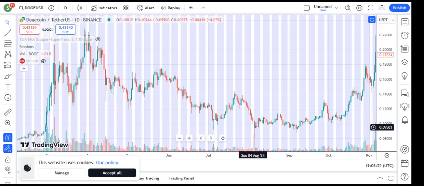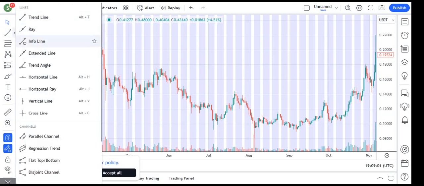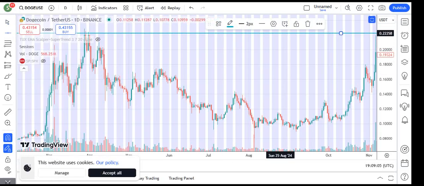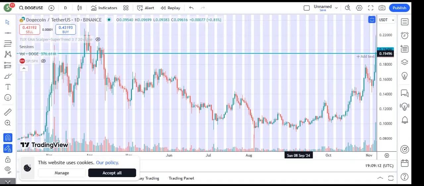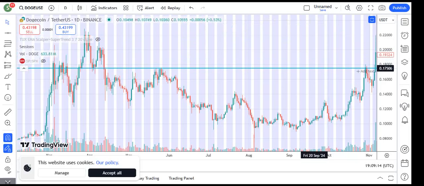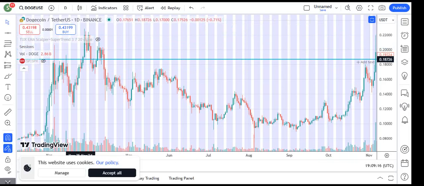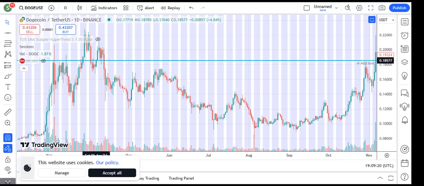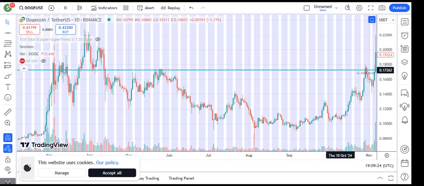Now, if you look at this object we have here, I'm going to pick a straight line called the horizontal line, and I'll use this straight line to mark out my support and resistance. Now look at this. I'm going to click on this button and drag it. What am I looking for? I'm looking for where these buyers have hit the rooftop multiple times. So we're trying to look for that position.